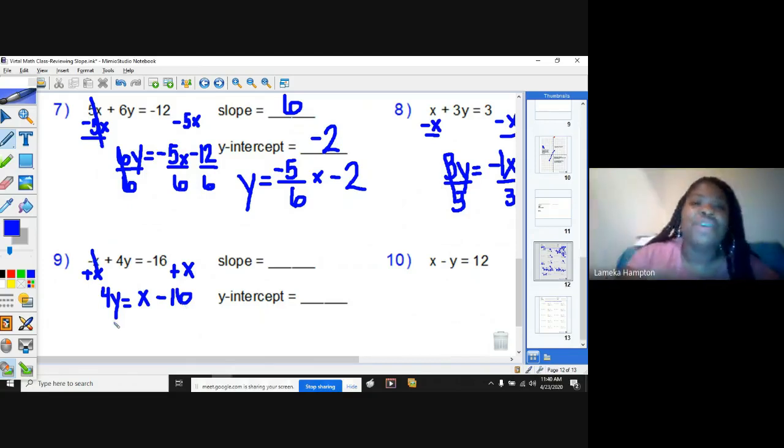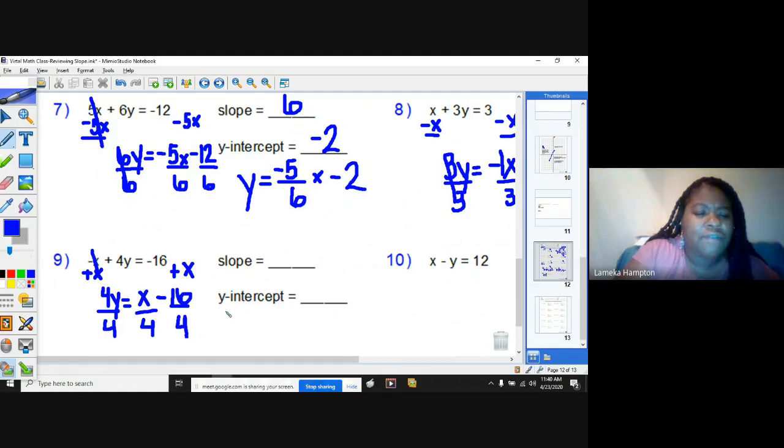Exactly. That's the reason why I would divide in the second step. I wouldn't divide in the first step because that would just be a mess. I don't want that mess for you. So I'm going to divide everything by 4. Ooh, triple 4. If you play the lotto, play that.